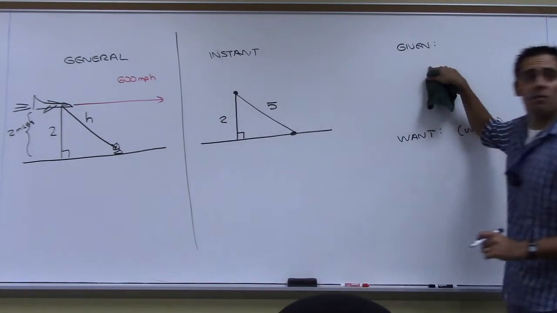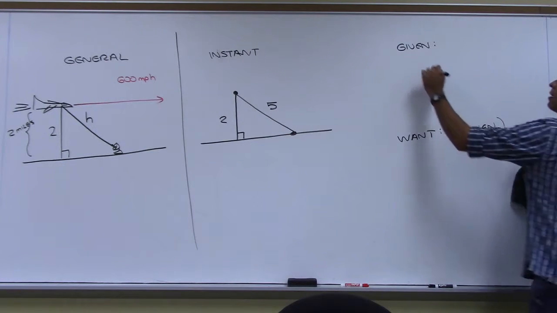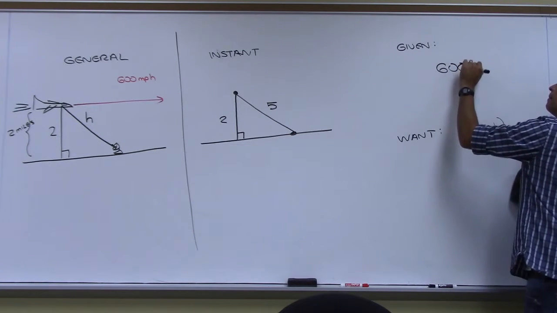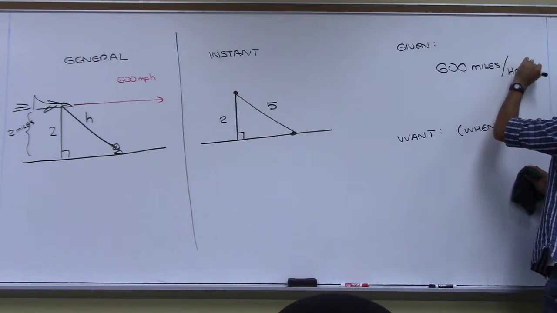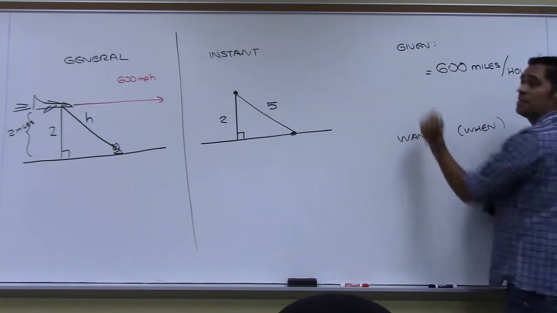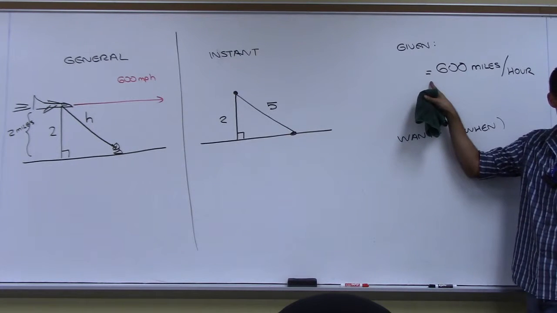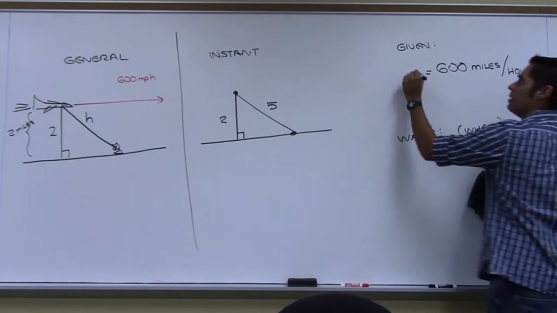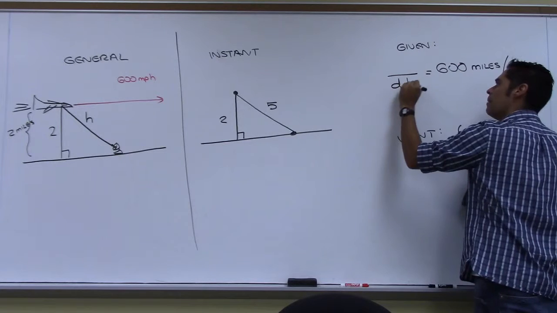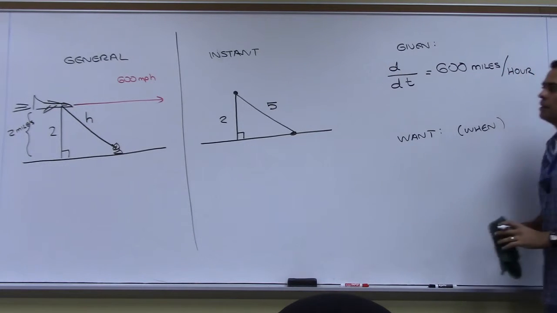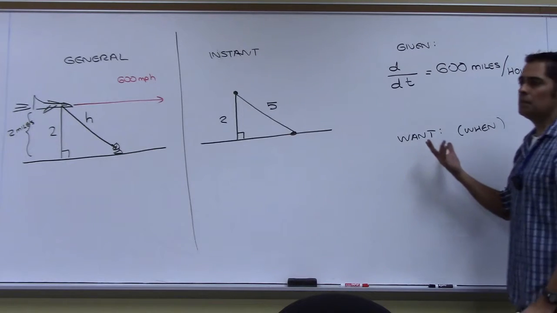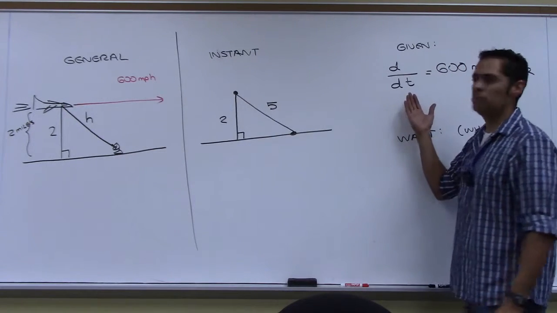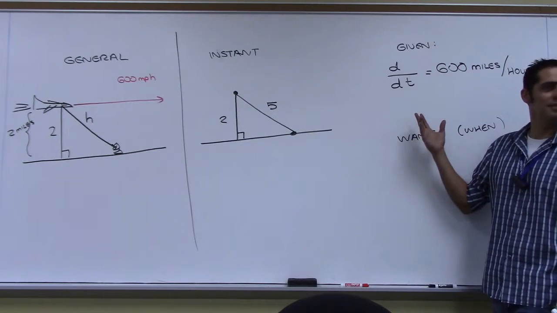So we're given those 600 miles per hour. I'm going to write 600 miles per hour, like that. We know that this is a speed, right? We know it's a derivative then. It's going to be d something dt, right? D what, though? V? dm? dh?